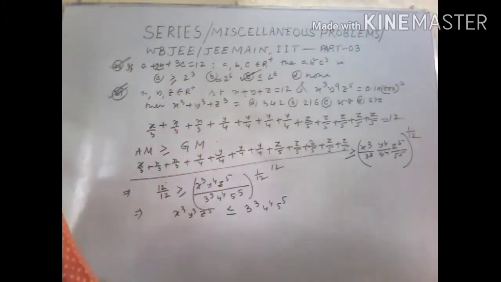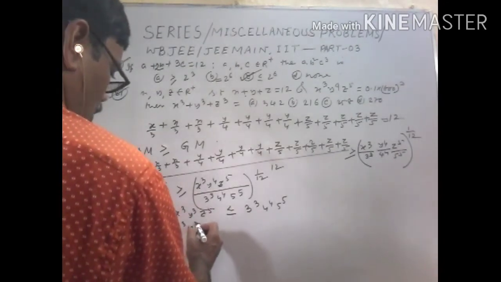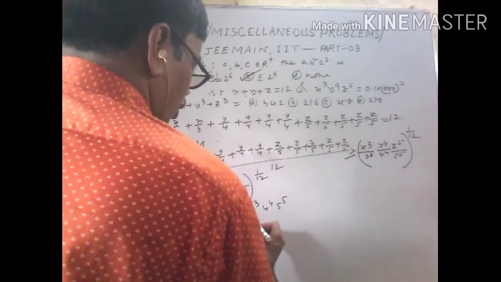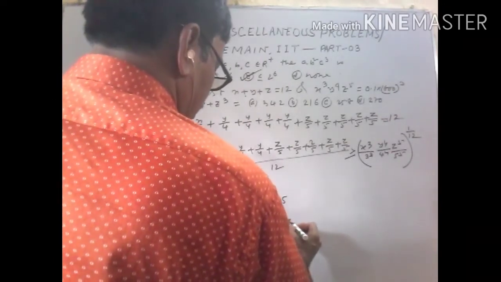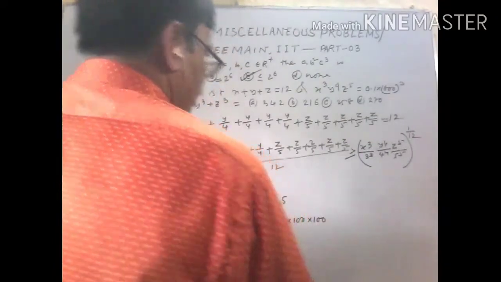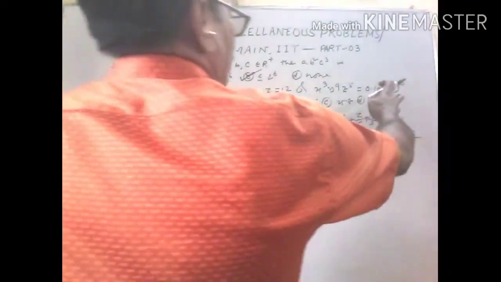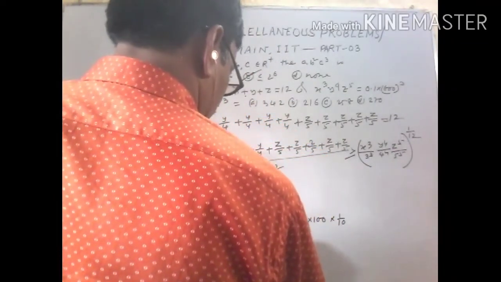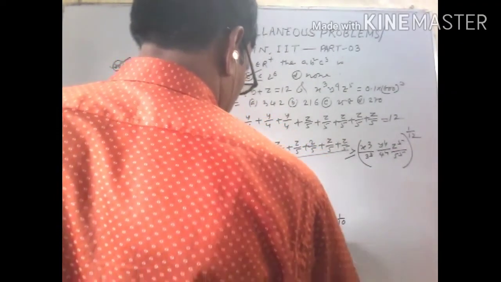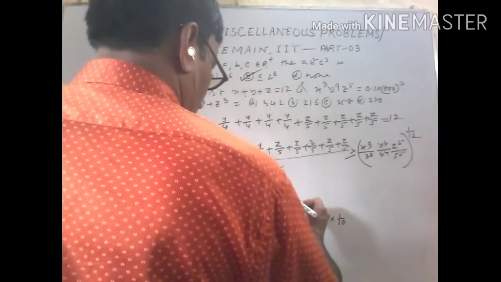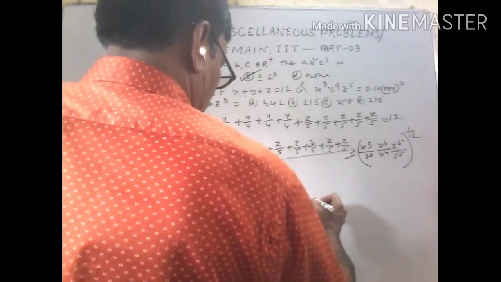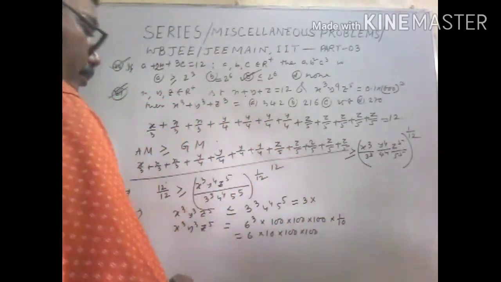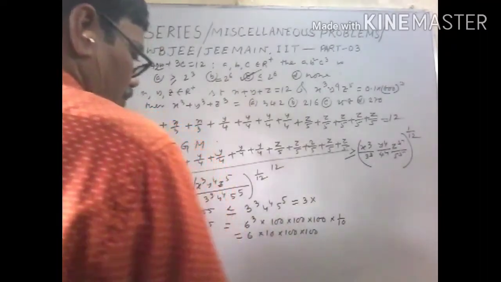What is the additional condition? Given x cube y4 z to the power 5 equals 6 cube into 100 into 100 into 100, 6 cube into 100 into 100 into 1 by 10, that is 6 into 10 into 100 into 100, and this equals, we can write 3 into 3 into 3, that is 3 cube.